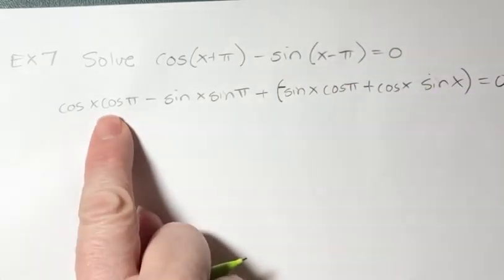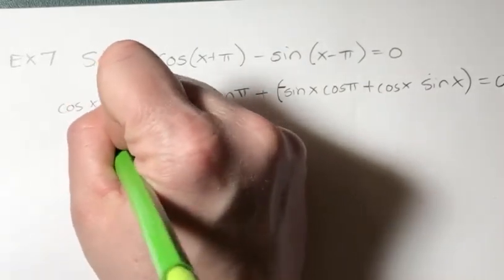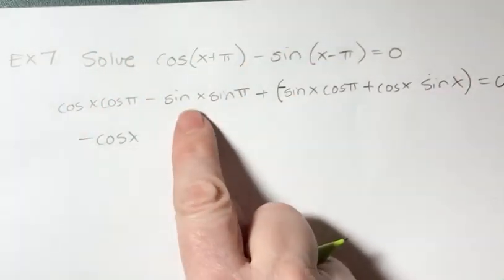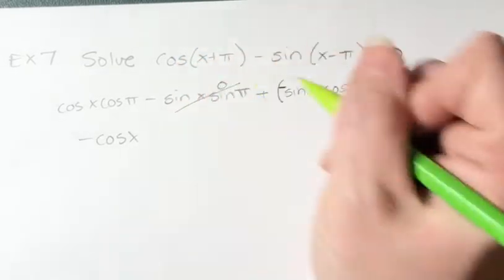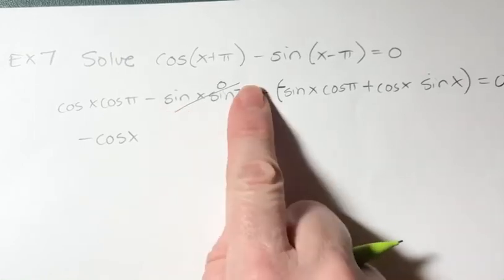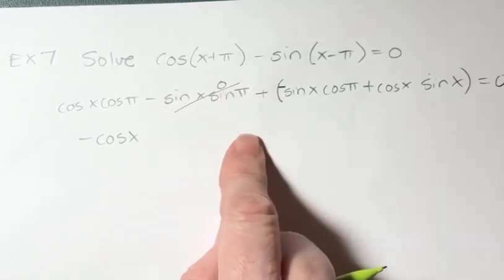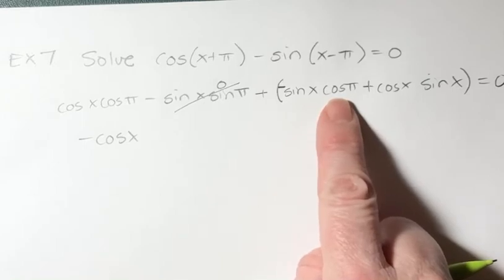So cosine of pi is -1. So this is going to become a negative cosine of x. Sine of pi is 0, so that's going to be a 0. And now I'm not proving an identity, I'm solving an equation. So if something is 0, you don't have to rewrite it, okay? Again, cosine of pi is a -1.